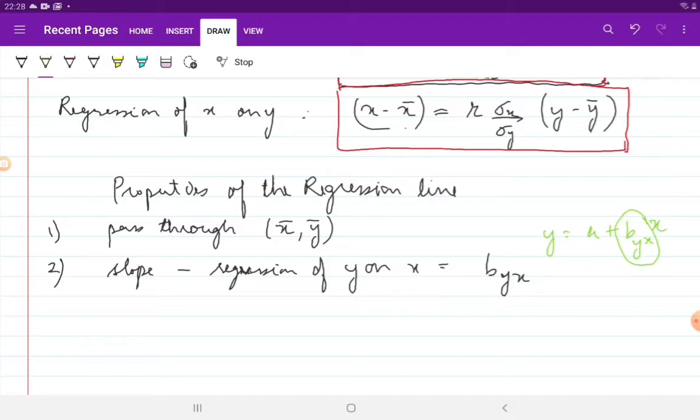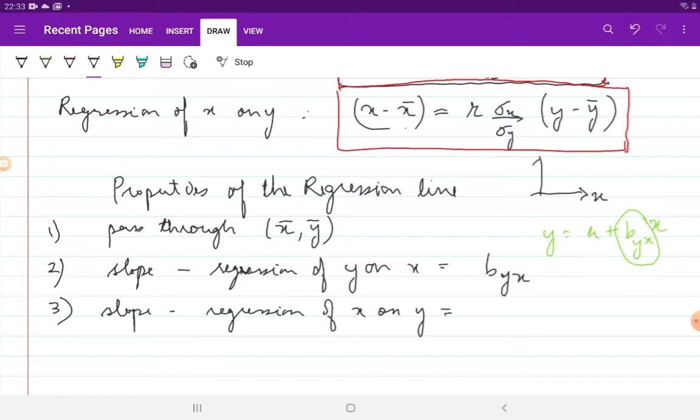In the same spirit, the slope of the regression line of x on y will be, if you're drawing it on the same graph where x is the horizontal axis and y is the vertical axis, 1 by bxy, which means it will be sigma y by r times sigma x.